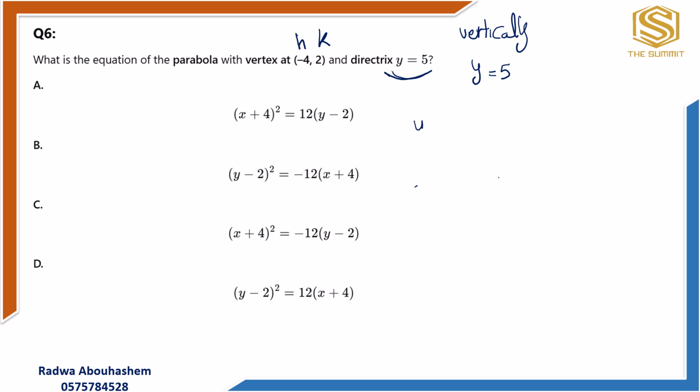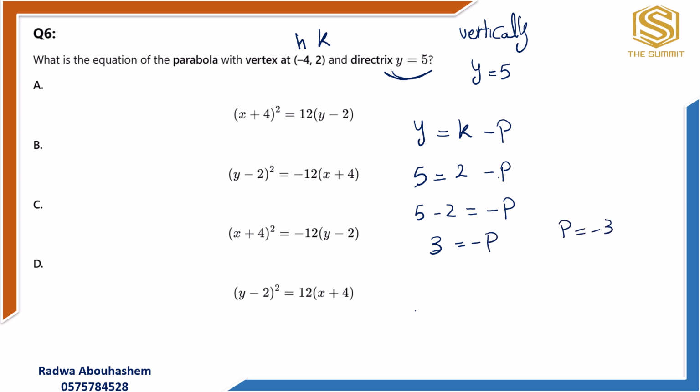The directrix y equal k minus b. So I have the y, which is 5, and I have the k, which is 2. So I could get the focal length. So here, 5 minus 2 equal negative b. So 3 equal negative b. So b equal negative 3.